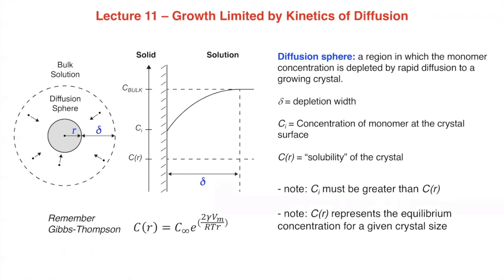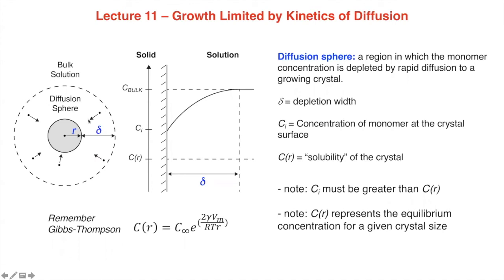So under diffusion limited kinetics, the monomers can't get to the particle fast enough. And close to the particle surface, there's actually a lower concentration of monomers than there is out in bulk solution. So this sets up a concentration gradient, and you get this diffusion sphere.